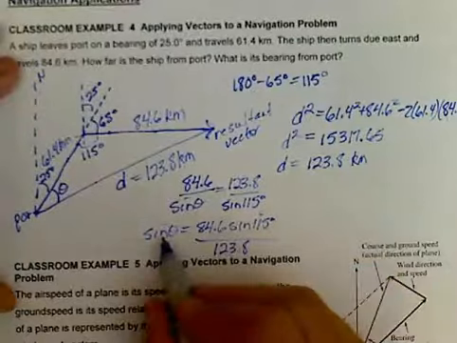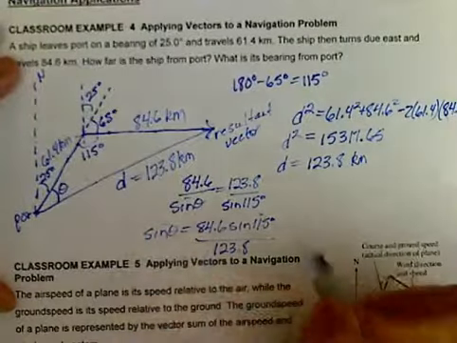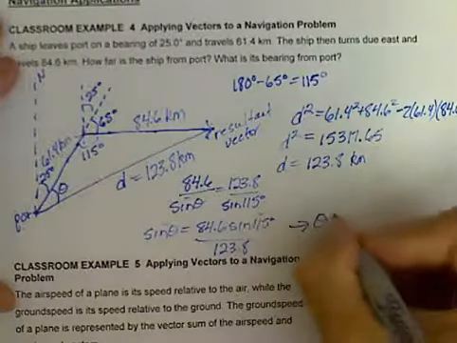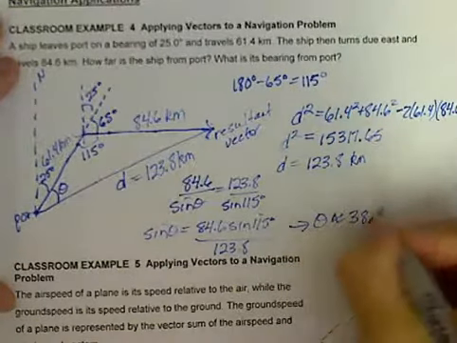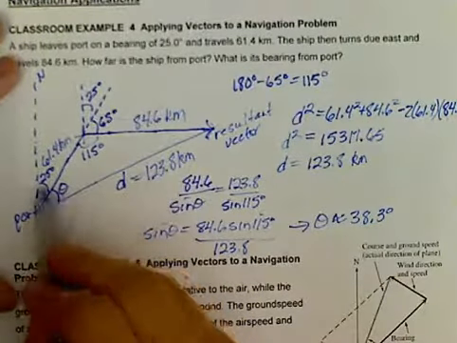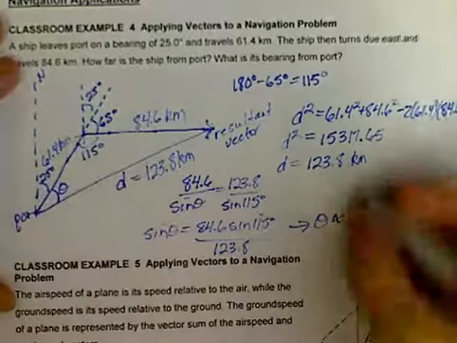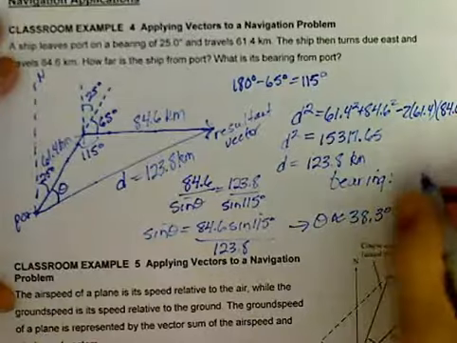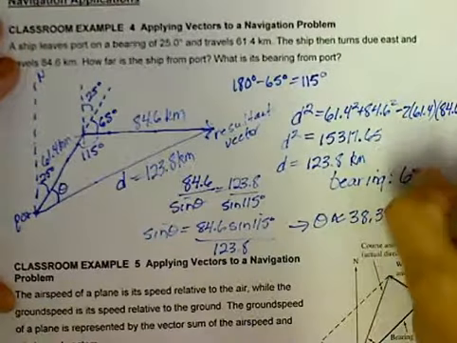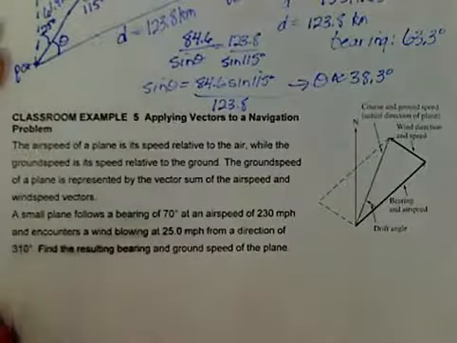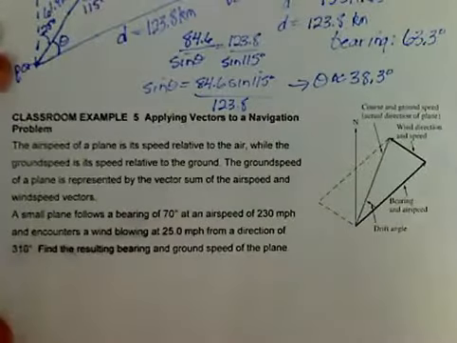Once we get that value, we're going to use inverse sine to solve for theta, and it turns out that theta is approximately 38.3 degrees. So to get our bearing, we're going to take 38.3 degrees and add that to 25. That gives us a bearing of 63.3 degrees.